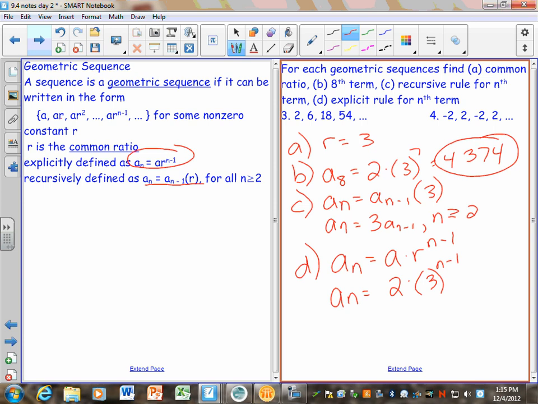So it would be the exact same thing, except we would be plugging in -1 for R. Number 4 is one that you probably don't need to skip part B, because you probably can figure it out. The 8th term, notice that the 2nd and the 4th term are positive. These are odd. I think part B would just be +2 there. But this is the idea. We'll see where this goes tomorrow.